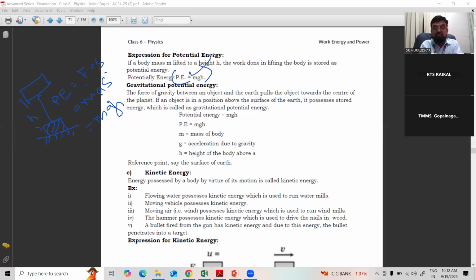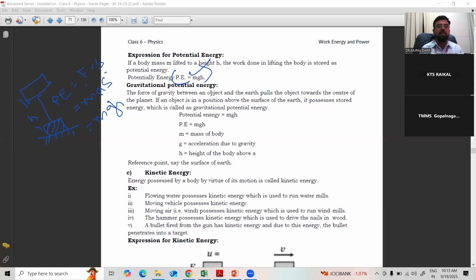The work done in lifting the body from the ground to a position is the potential energy. It is mathematically given by mgh. m is the mass, g is the acceleration due to gravity, h is the height, at what height it is there. That's all the same as gravitational potential energy, potential energy due to the earth.